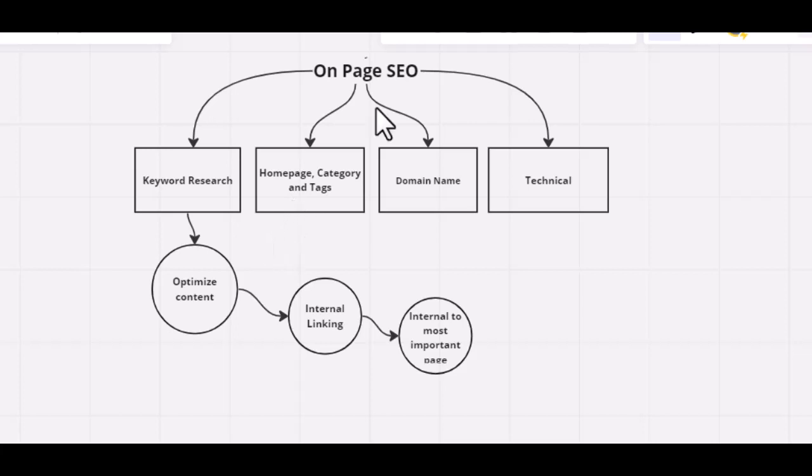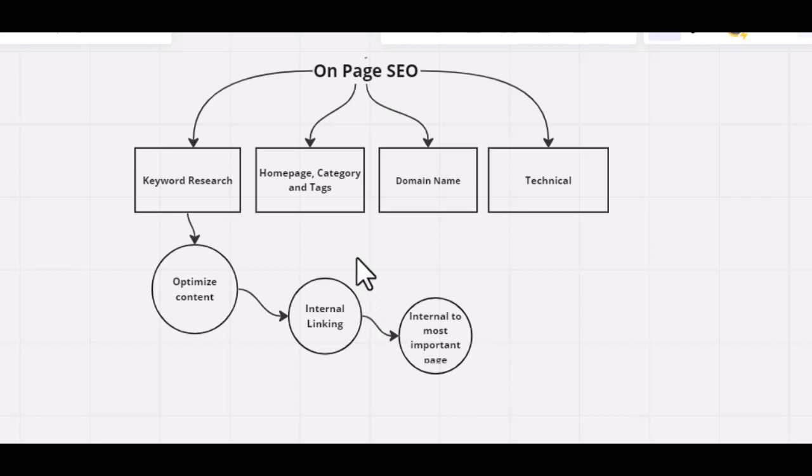On-page SEO consists of doing keyword research before you write an article, then optimizing the article, then making sure the article you have written has internal links to other related articles on your blog, and lastly, make sure you link more to the most important posts on your site. This will help that site to do well on the search engine result page.